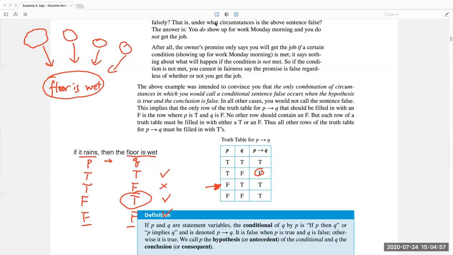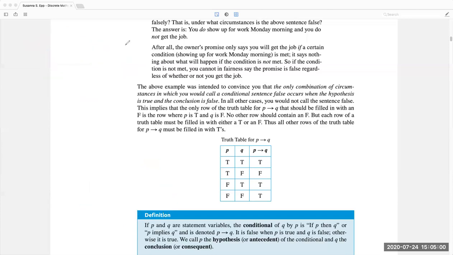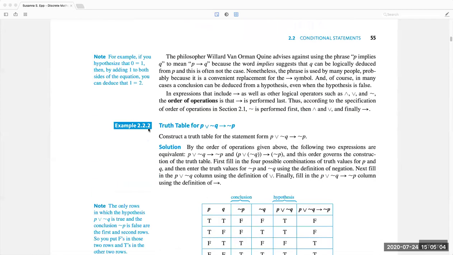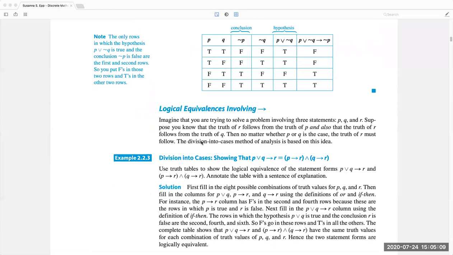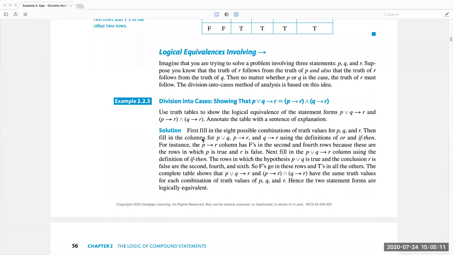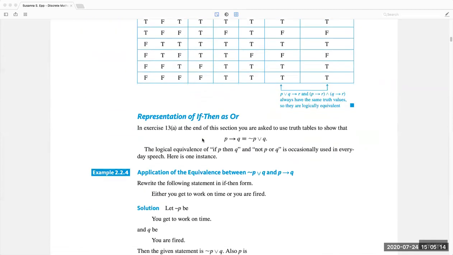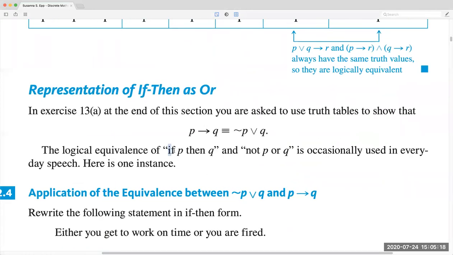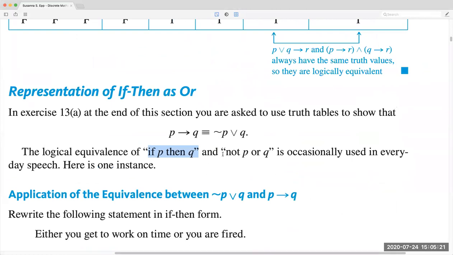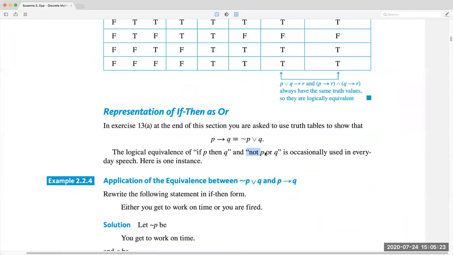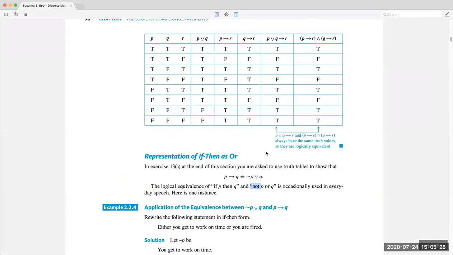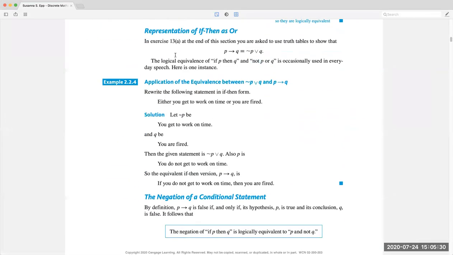If no question, then let's go on now. Now, actually, this one is quite interesting because there's an equivalent statement for this one. So if P then Q, it is equivalent to not P or Q. So maybe you can have a look at the truth table. So let's draw a truth table together.